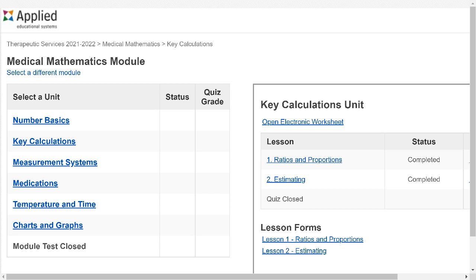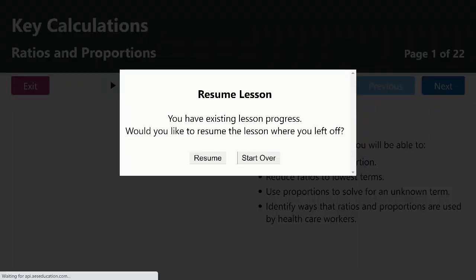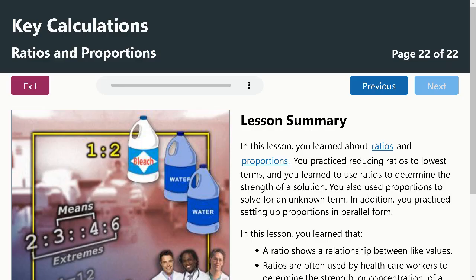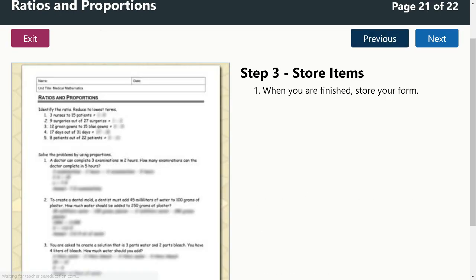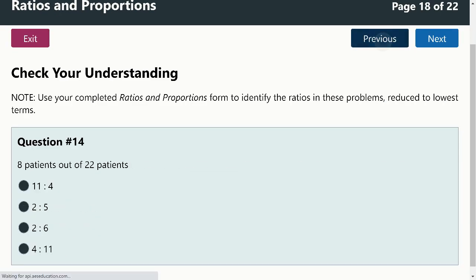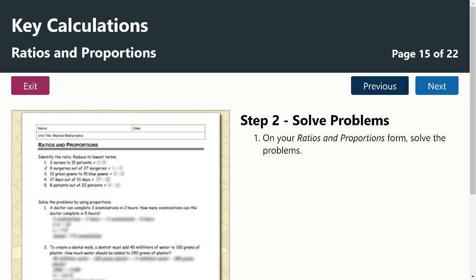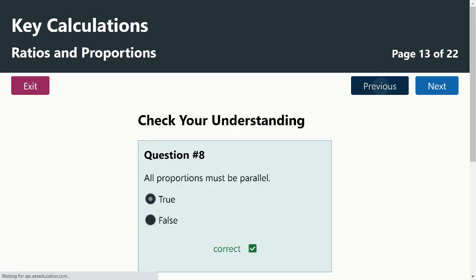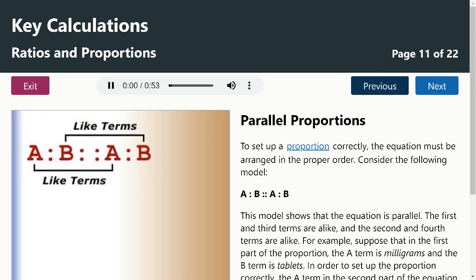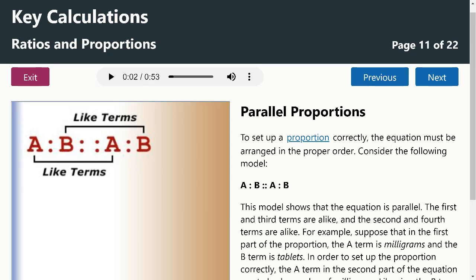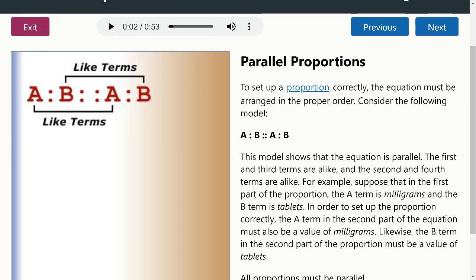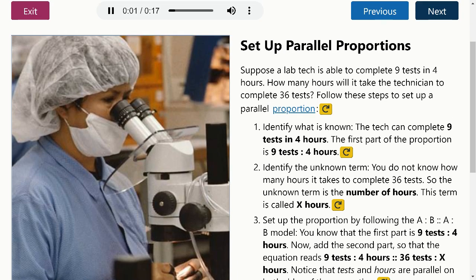I'll put the ratios and proportions, like how you set it up, back on the screen for y'all, for those of you that need it. Set up parallel proportions.